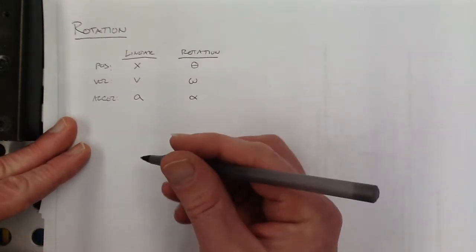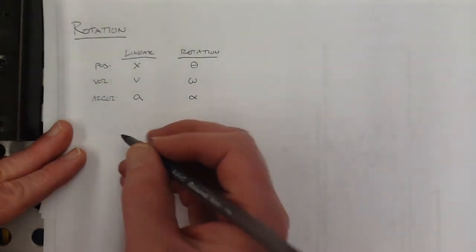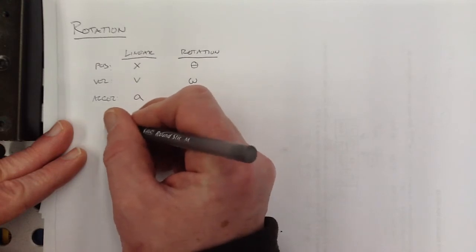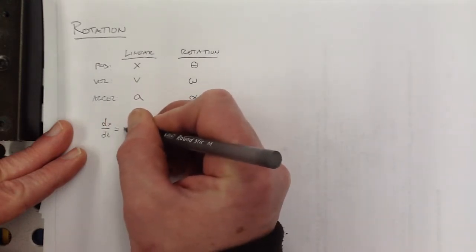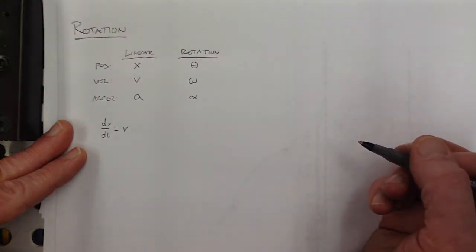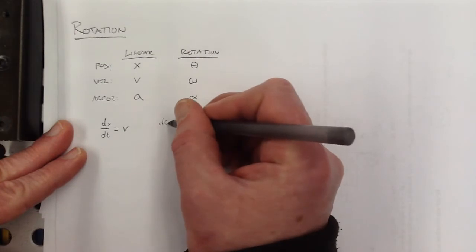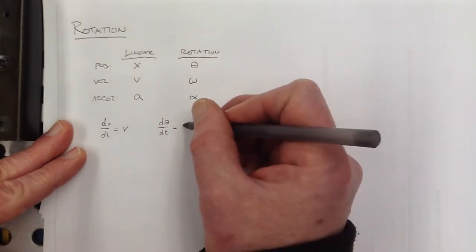Now, what are some of the relationships that we know from calculus? Well, we know that dx/dt is equal to v, and likewise d theta/dt is equal to omega.